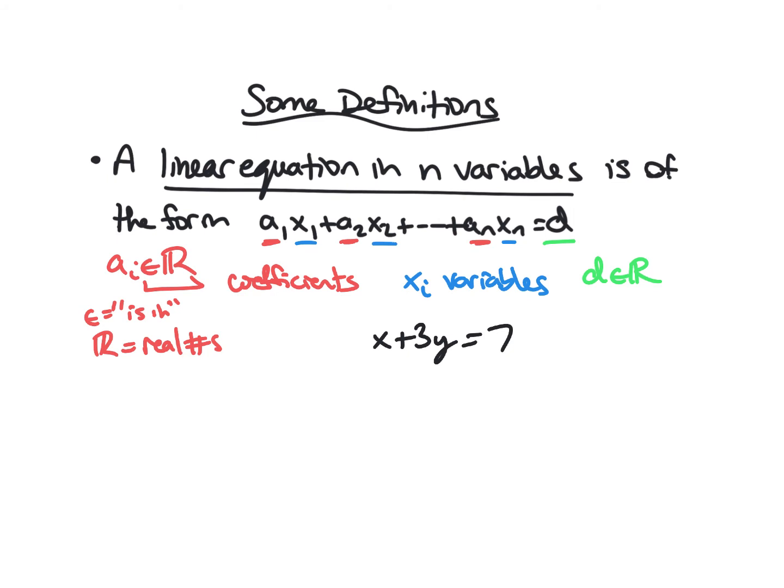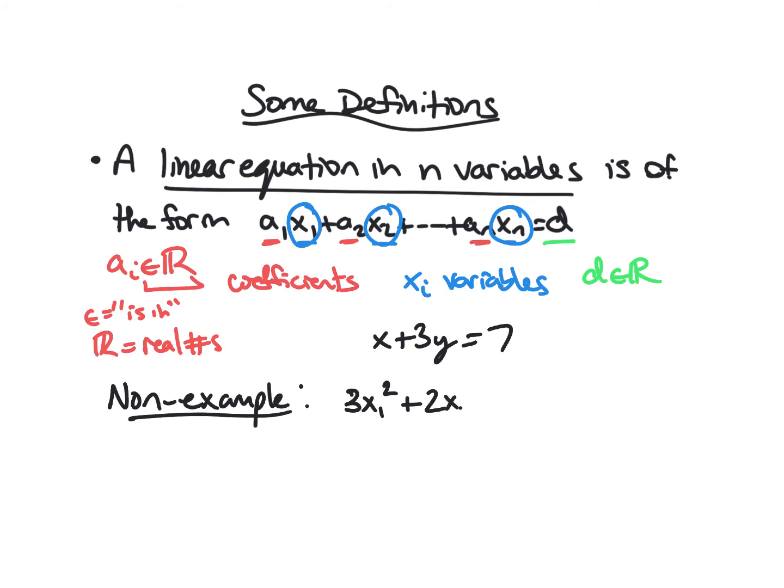Now, you might be interested in what a non-example is. What is not a linear equation? One of the key things to look at is that all of these variables are to the power 1. What makes something not linear is not being of this form, but in particular, you might see something like 3x1 squared plus 2x2 equals 4.